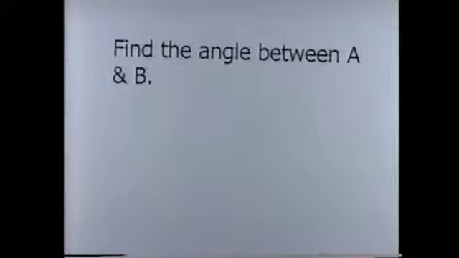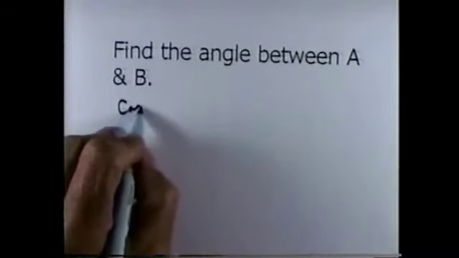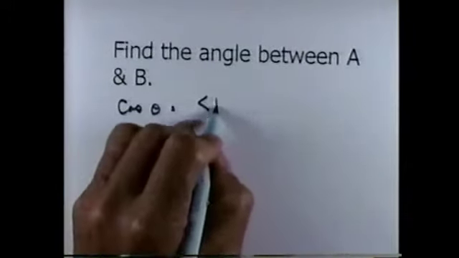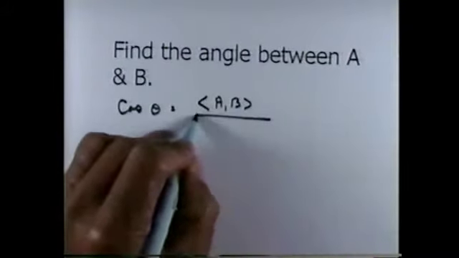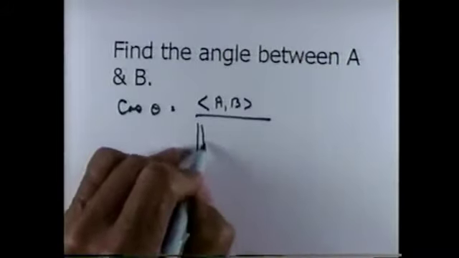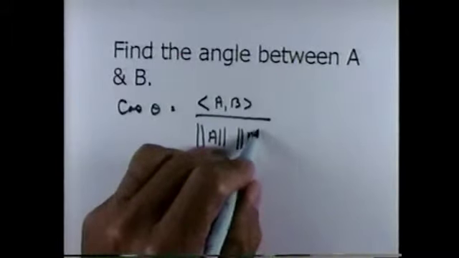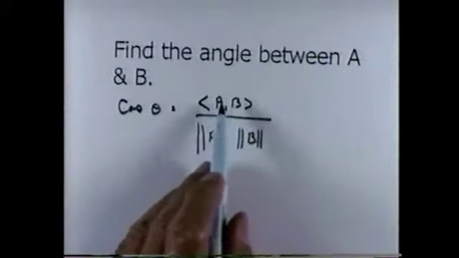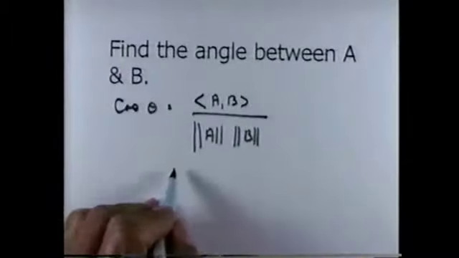Find the angle between A and B. Well, we know that cosine theta is the inner product of A and B divided by the norm of A times the norm of B. Now we've already calculated the inner product of A and B. We got that to be negative 6.